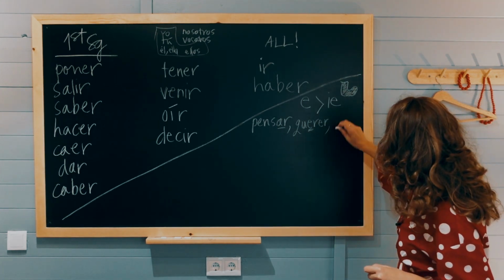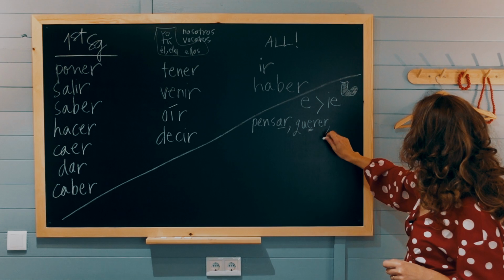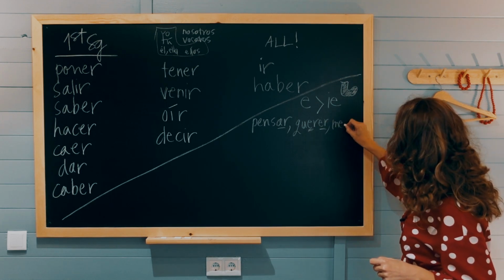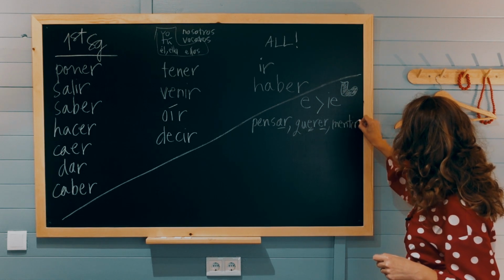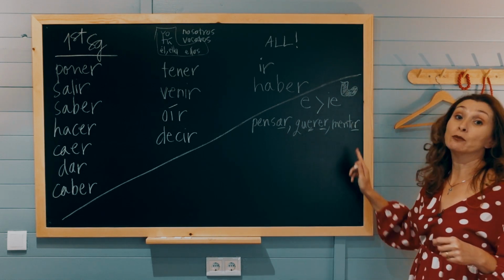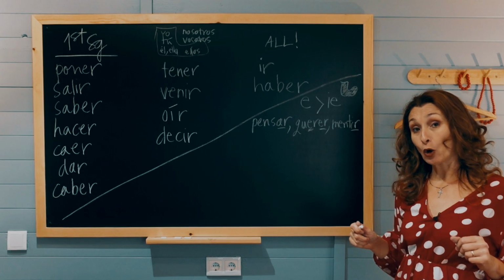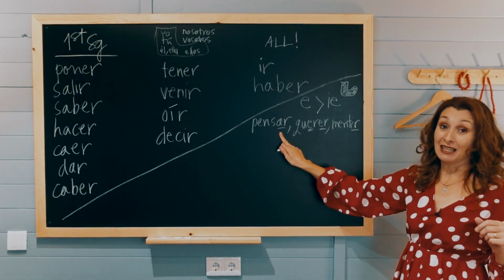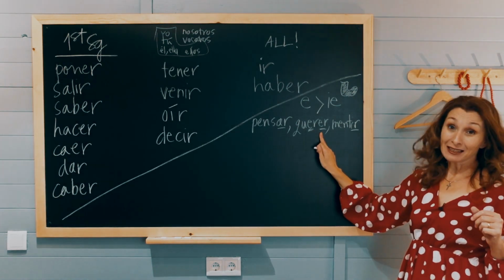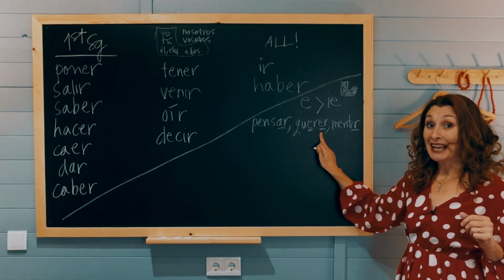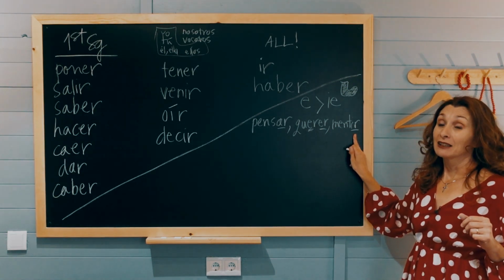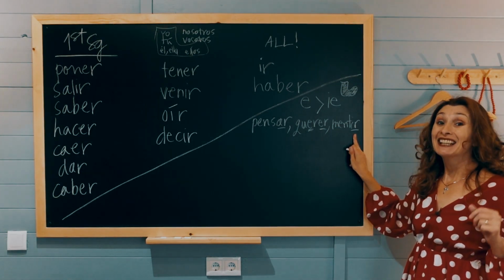And another one that ends with ir. So we have examples from all three conjugations. The first one, where verbs end in ar, the second one, when verbs end in er, and the third one, where the verbs end in ir.